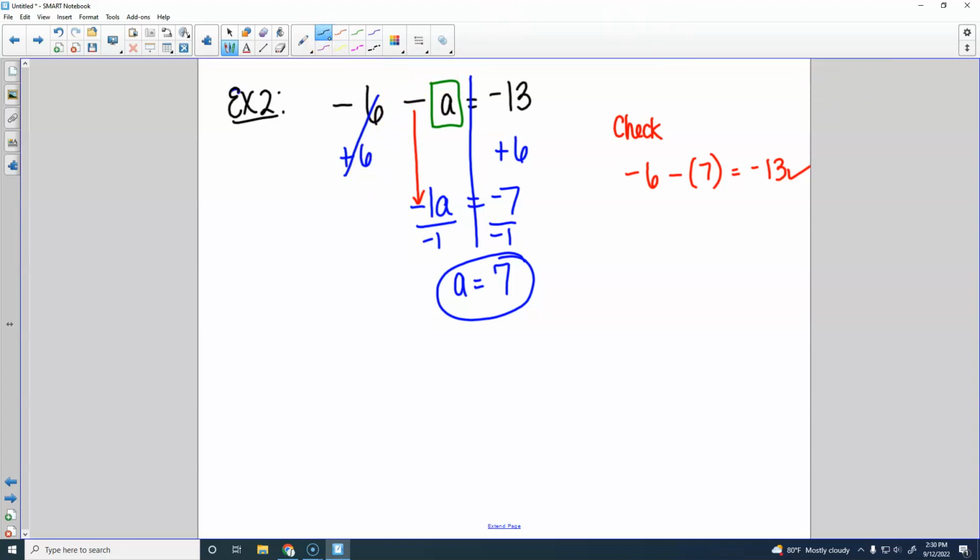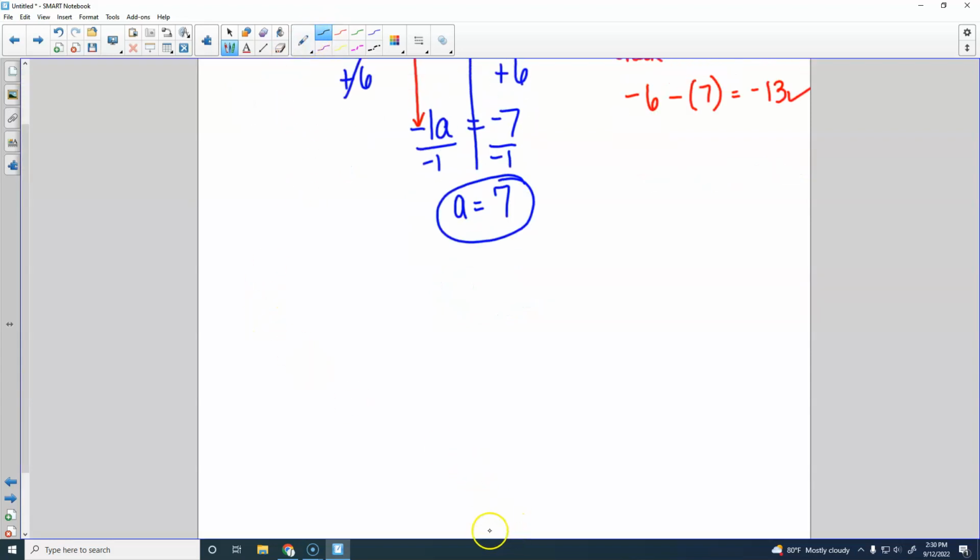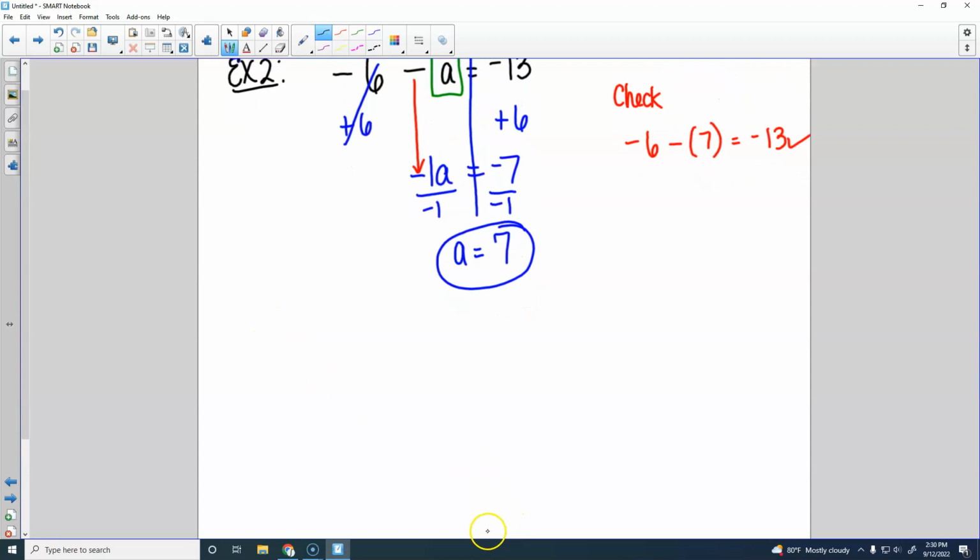All right, and then here's the other two types of equations that students have trouble with. And they have trouble with them because many of you suffer from fractophobia, where you're terrified of fractions.